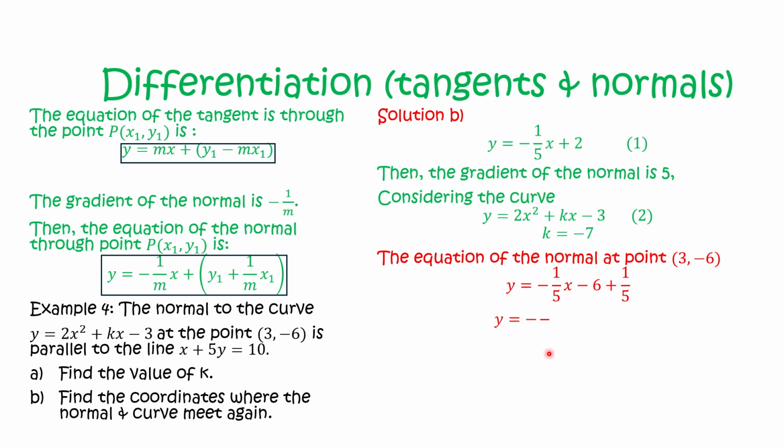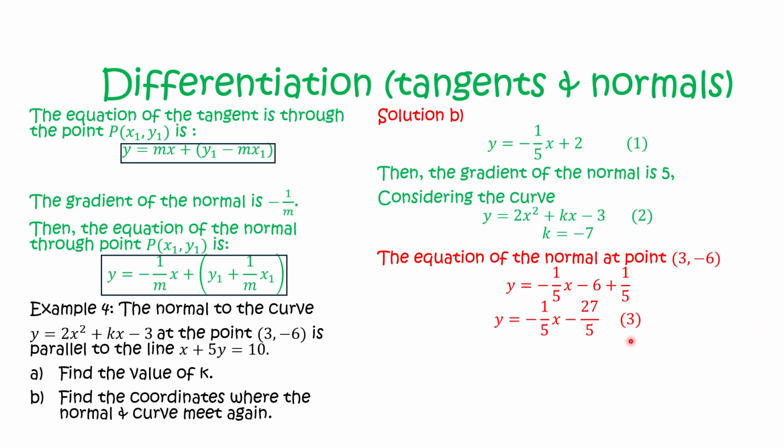So we substitute for x1 and y1. The x1 was 3 and the y1 was -6. Making use of the second formula there, we find that y is equal to -1/5 x - 27/5, and we label this equation 3.